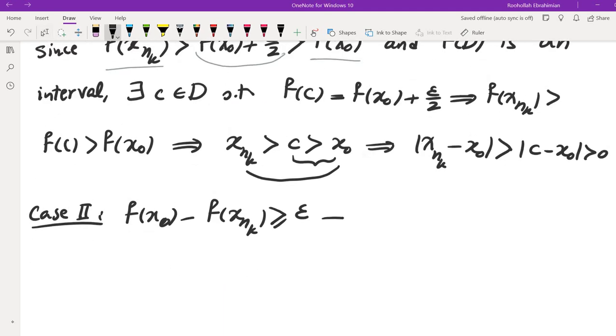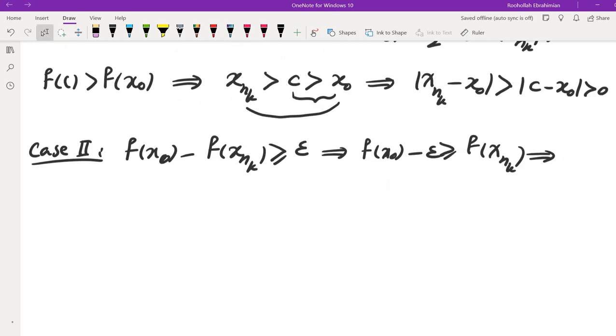And we're going to do something similar here. So this one is f of xnk. I'm going to write that down completely. This implies that f of x0 minus epsilon over 2 is clearly less than f of x0 and more than f of xnk.